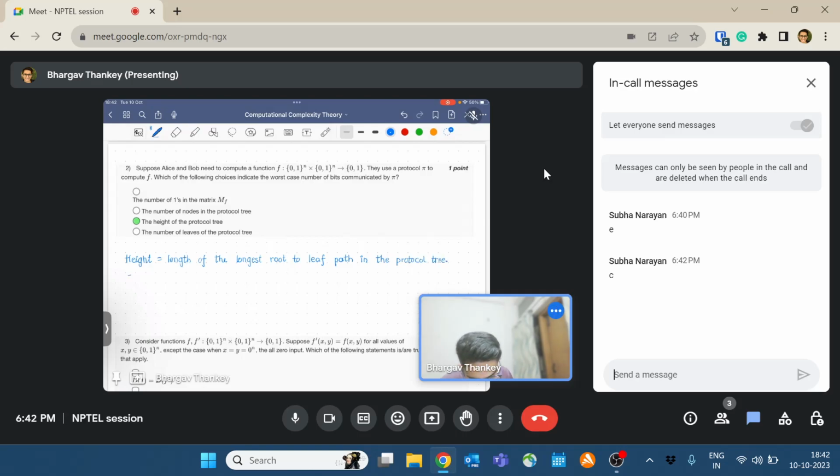Each path corresponds to the execution of the protocol on some inputs.